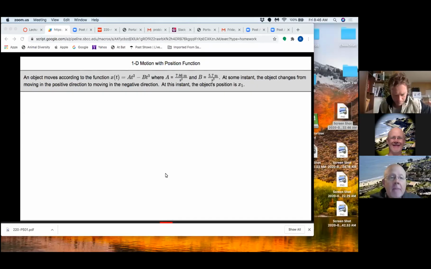Okay. Because then if you took the derivative, you would have gotten 2AT minus 3BT squared, right? And you'd call that V of T. Yeah, and so that's V of T. A lot of times I just write V to keep things simple, but implied in there is V of T. Now, here's another part when I'm reading this.